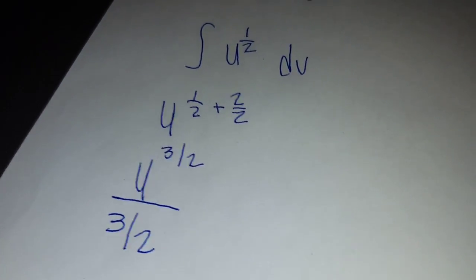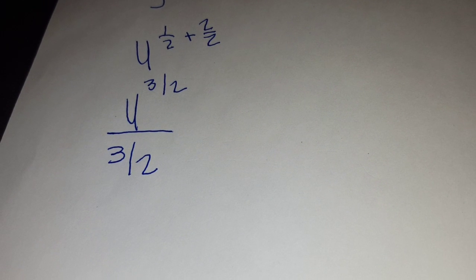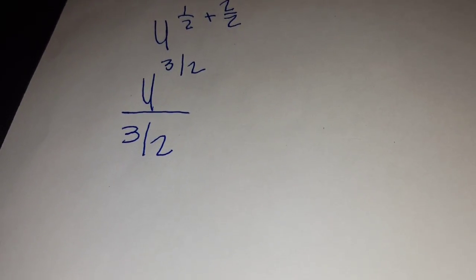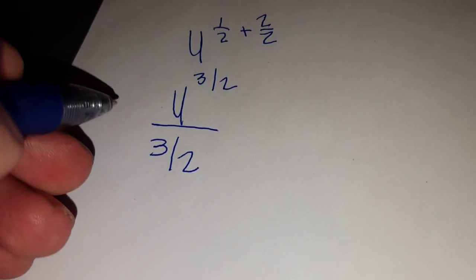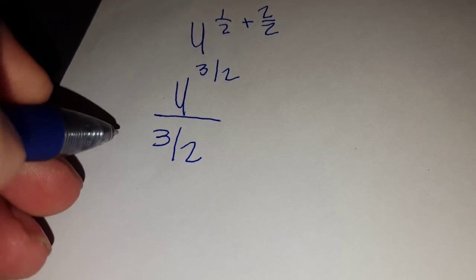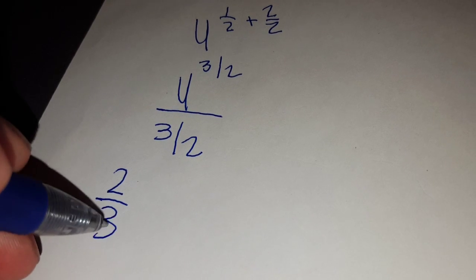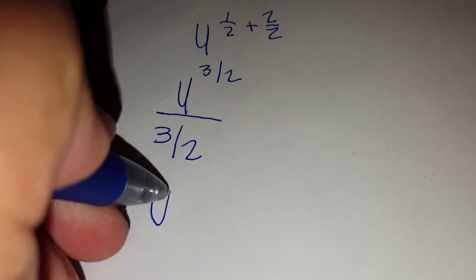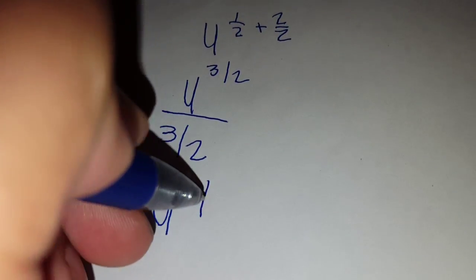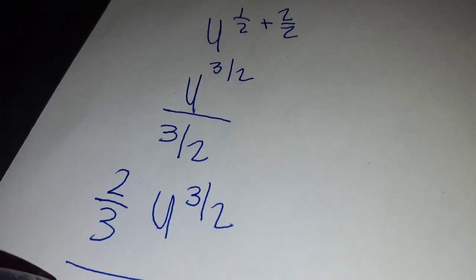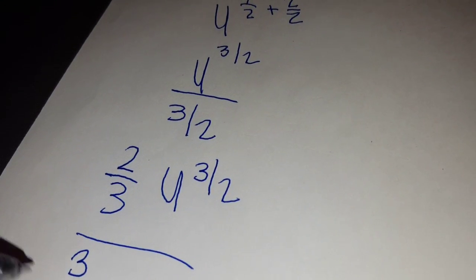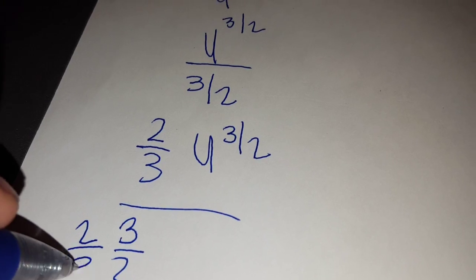Now, I know many of you are wondering, how do I do this if there's 3 halves? No worries, just multiply by the reciprocal on both sides, on the top and bottom. So that's 2 over 3 times u to the 3 halves, divided by 3 halves times 2 over 3, which cancels out.